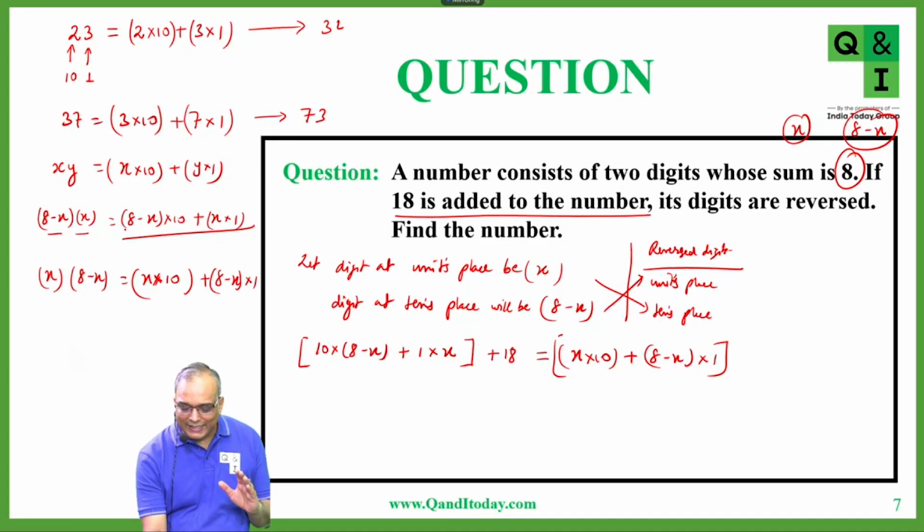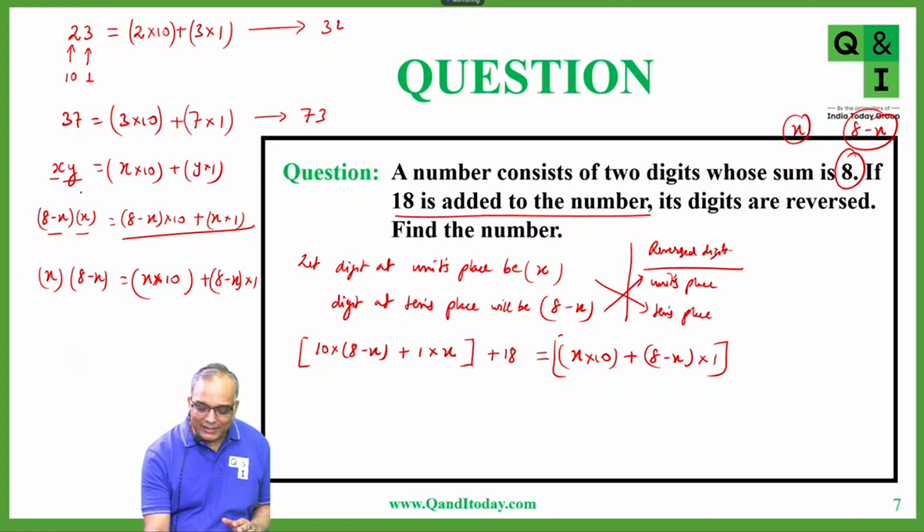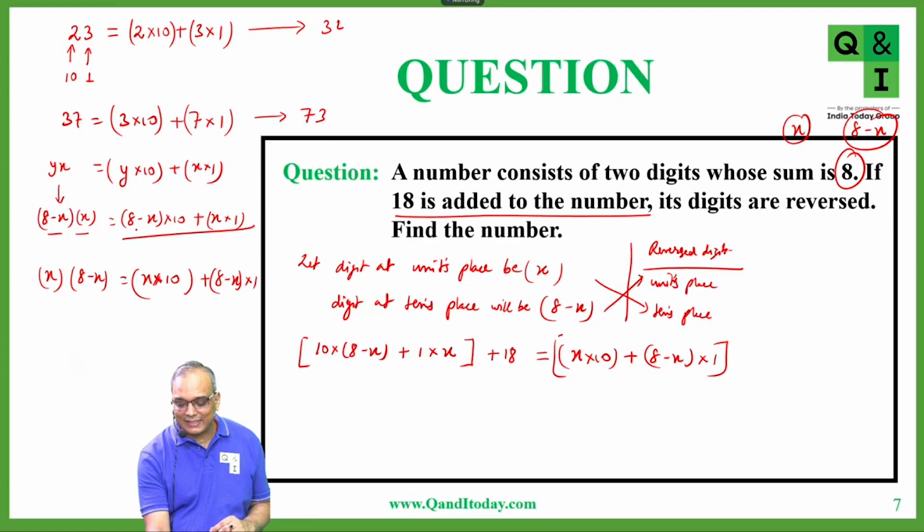See, I have taken the two digits as x and y. So this is my digit y. Don't compare this with this, because here the units place is x. If I write this as yx, it will be easier for you to understand. So now y is 8 minus x. I write 8 minus x and multiply it by 10, and then x by 1.